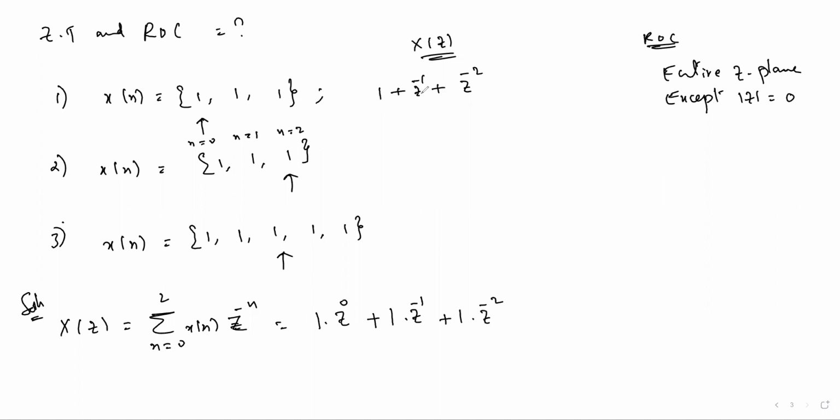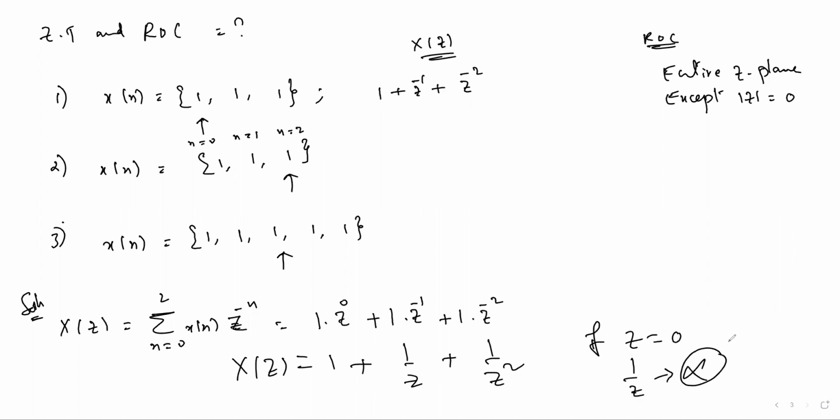Here z inverse is there, that means 1 by z. 1 plus 1 by z plus 1 by z square is the x of z here. If z value is 0, 1 by z will be infinity. X of z is not converging, it's diverging. That's why the exception should be there for the right side finite duration sequence.